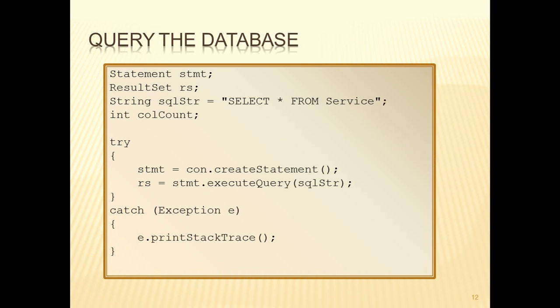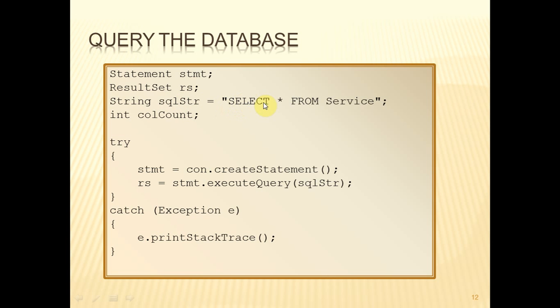Let's take a look at querying the database. We want to extract data from the relational database, and so we have to have a query string. That is the SQL command that we want to execute. On the third line on this slide, you can see that we've set up a variable, which is a string. We've called it SQLstr, but of course, as a standard variable, it could be called anything you wanted.